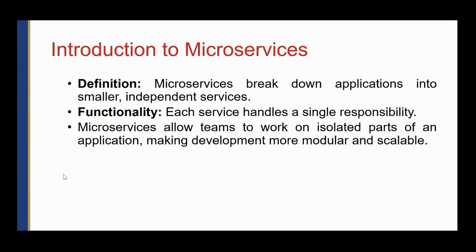And next is about microservices. As per the definition, microservices are one kind of architecture that divides large applications into smaller independent services, as I have told you earlier. Each service handles a specific function, and they communicate with other services using a specified application programming interface.